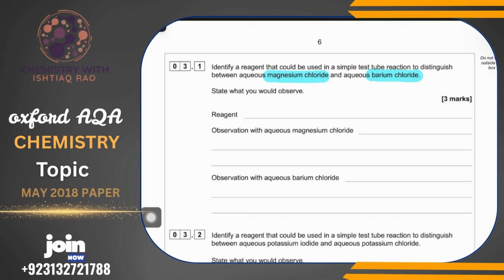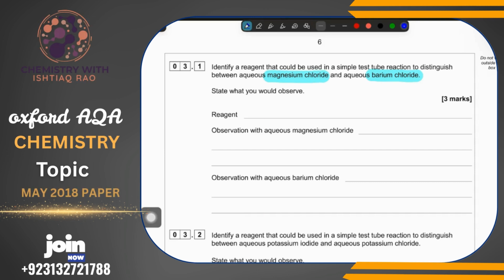When I add sodium hydroxide in both test tubes, in the case of magnesium chloride, I would get magnesium hydroxide, and in the case of barium chloride, I would get barium hydroxide.